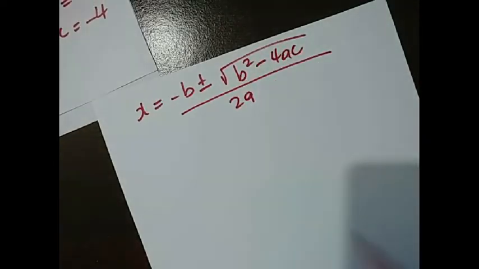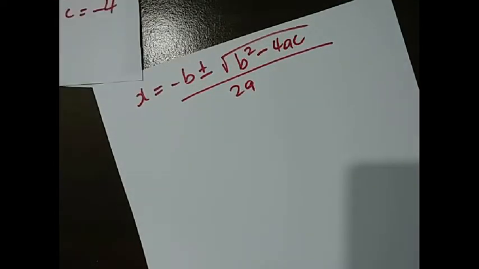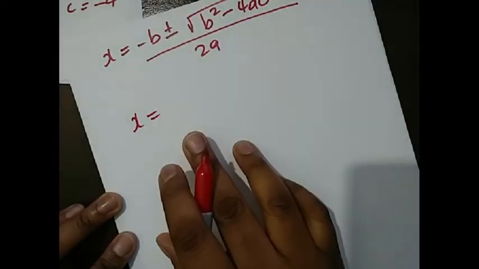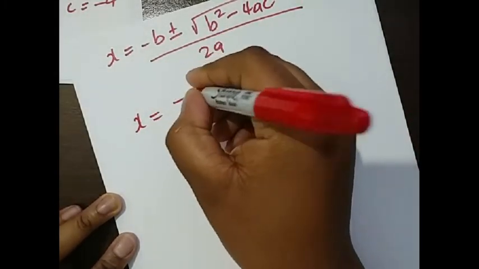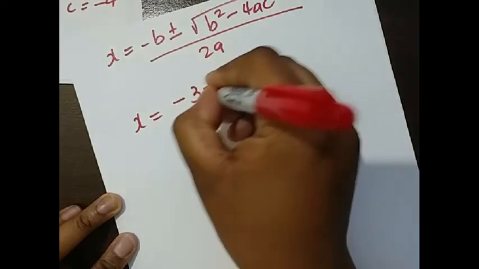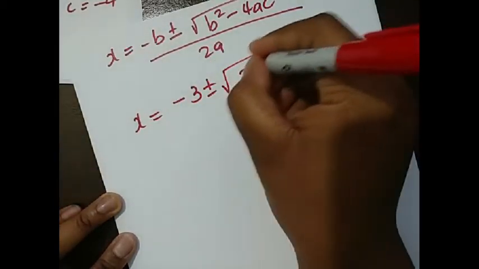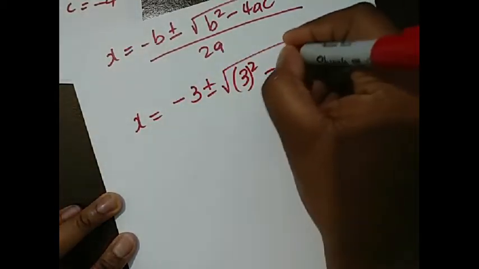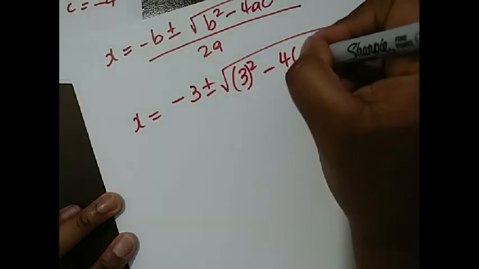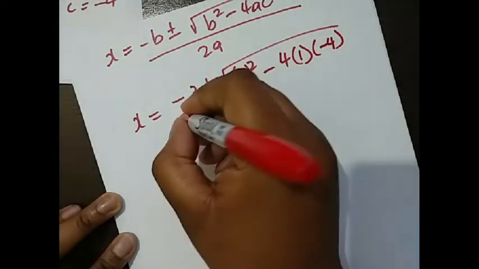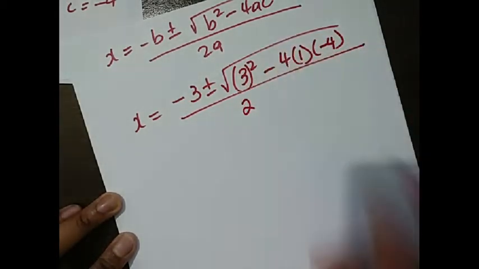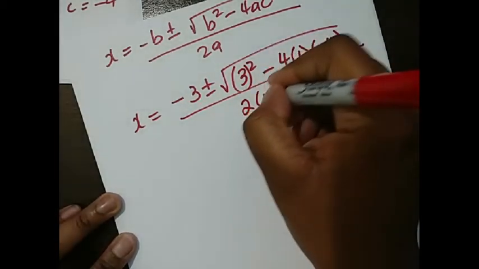However, it doesn't hurt to know the formula by heart. It makes it go faster. So let's apply our substitution. We have minus b, and b is 3, plus and minus the square root of 3 squared minus 4 times a, which is 1, times c, which is negative 4, all over 2 times 1.